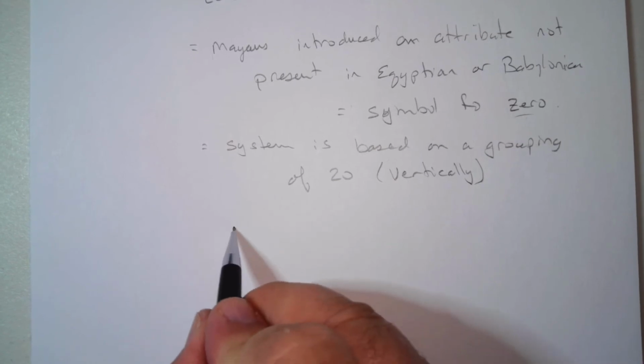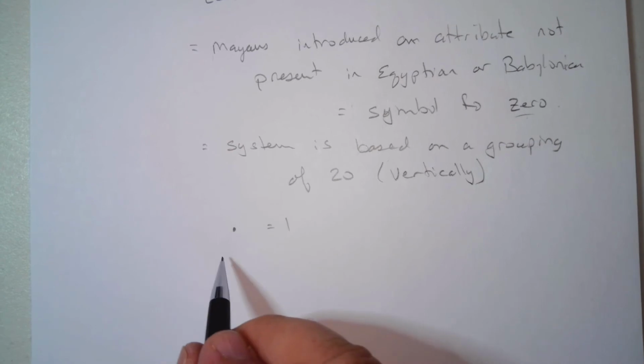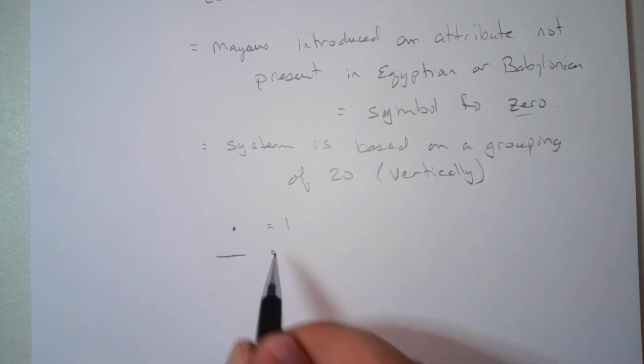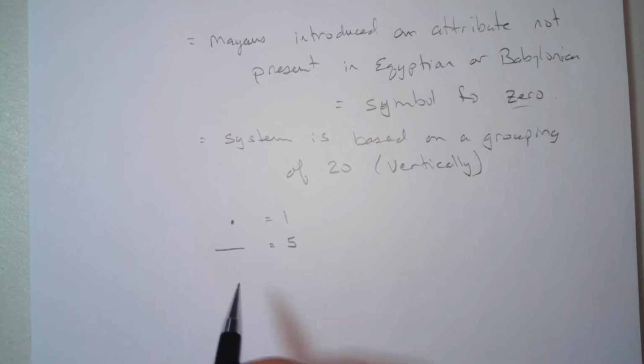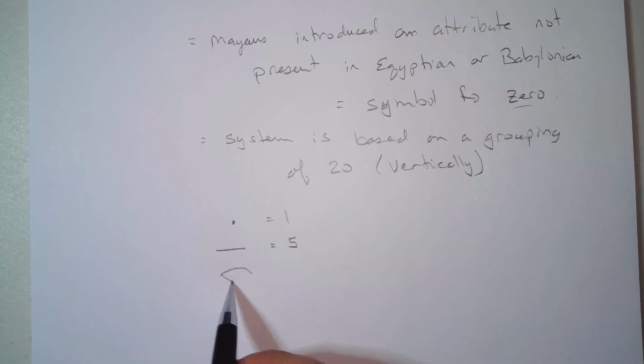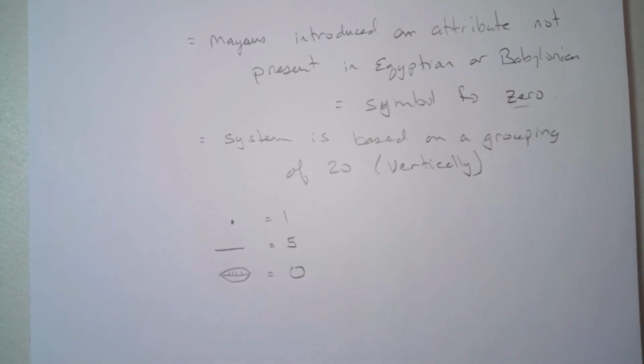A single dot represented 1 unit, or the number 1. A horizontal line represented the number 5. And the symbol they used, the shell, was the symbol they used to represent 0.